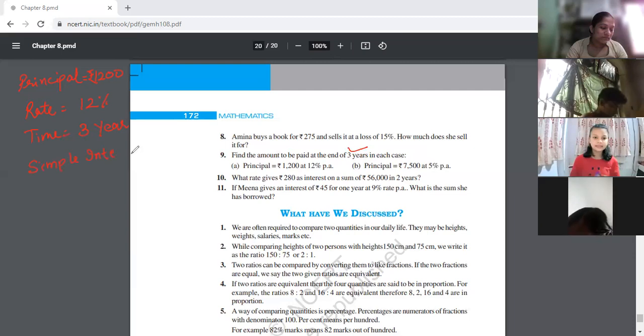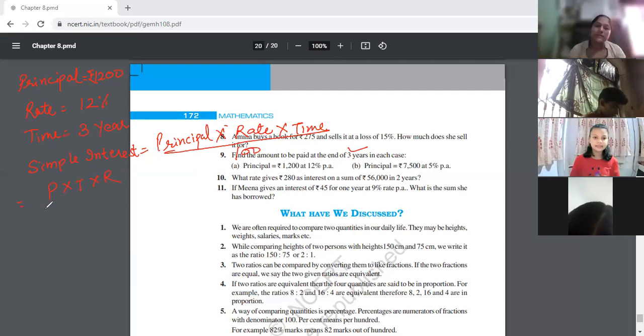What is the formula for simple interest? It is principal into rate into time upon 100. P into R into T upon 100. Solve this.